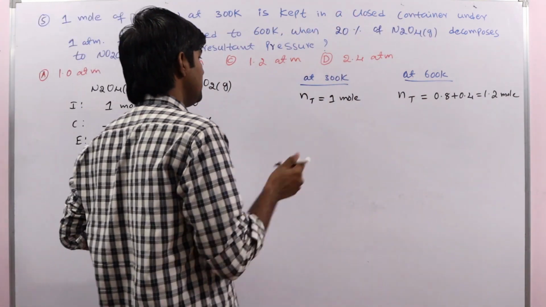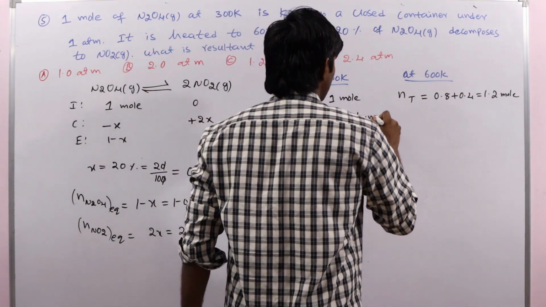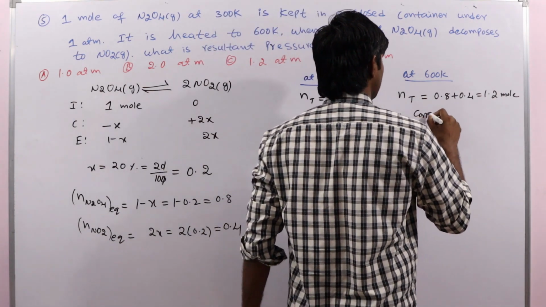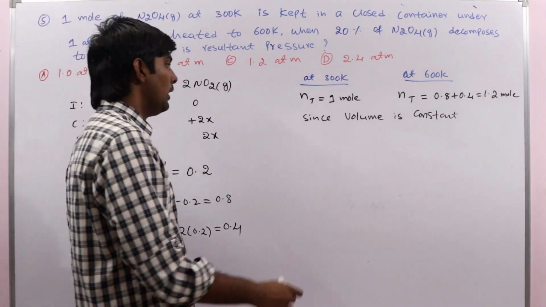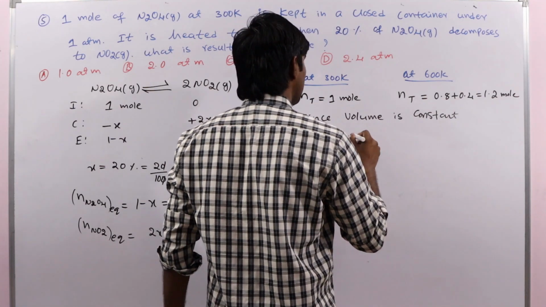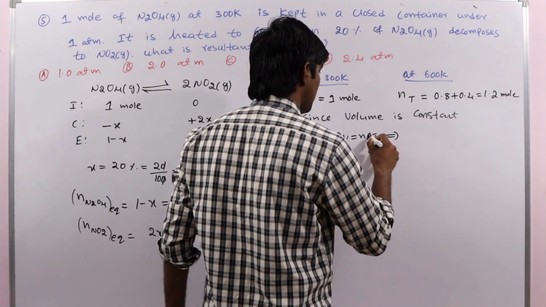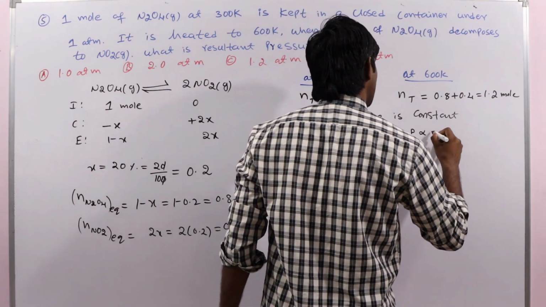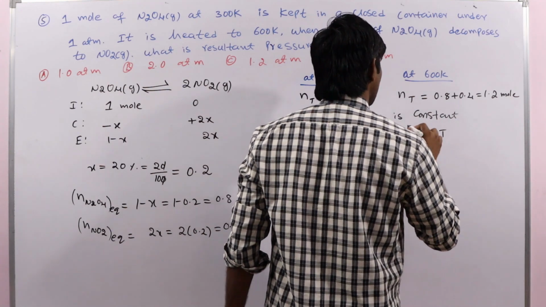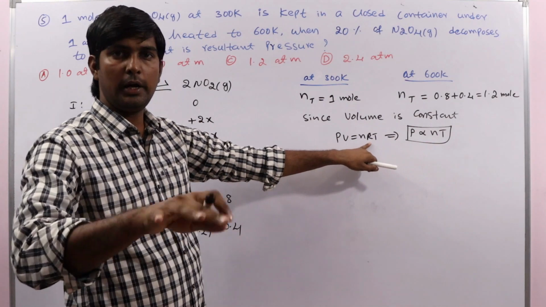Closed container means volume is constant. Now from the ideal gas equation PV equals nRT, P is directly proportional to nT, because volume is constant and R is already a constant.